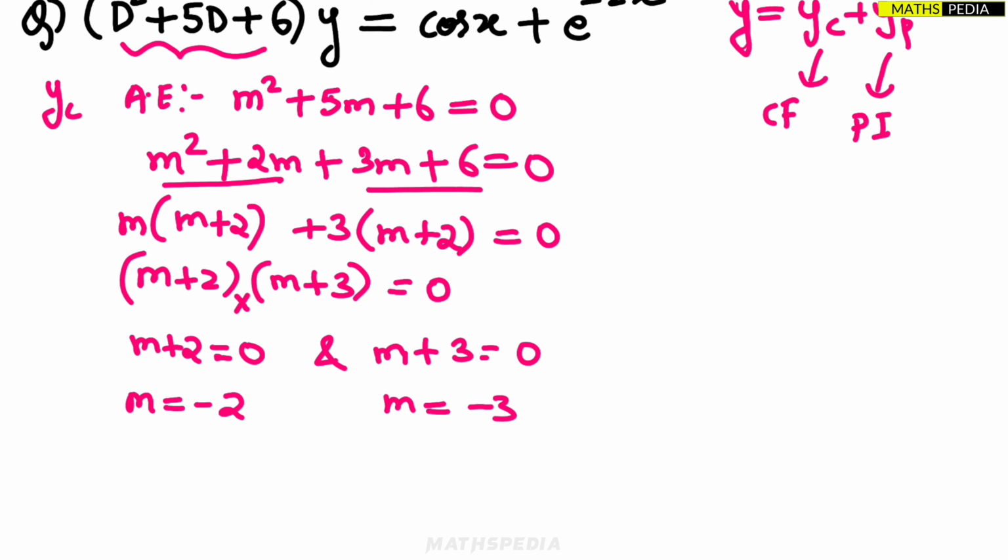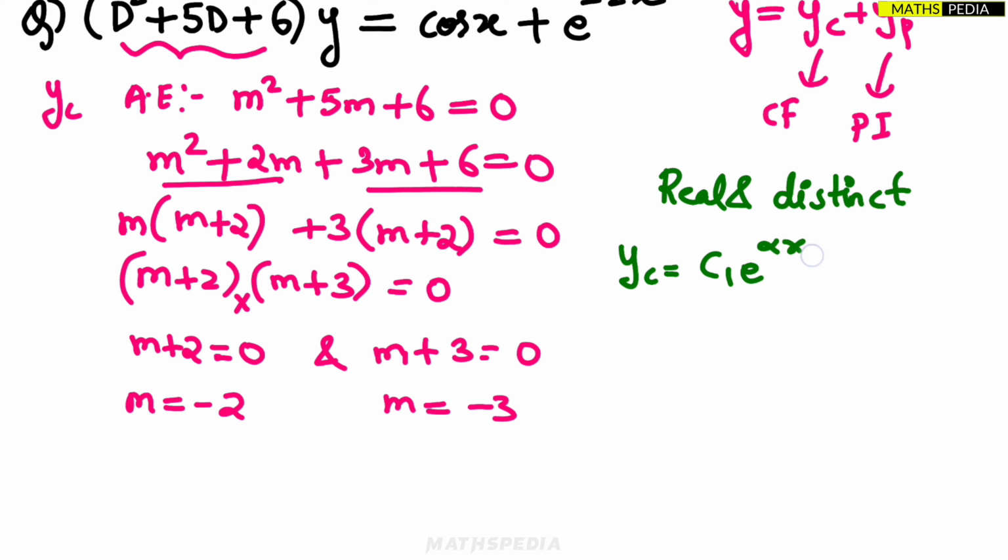So when you are getting the values as what? See here, real and distinct, in the sense different values. That means the roots which you are getting are different. So when you are getting different roots, then the yc value will be equal to c1 e power alpha x plus c2 e power beta x, where m is equal to alpha and beta, two different values.